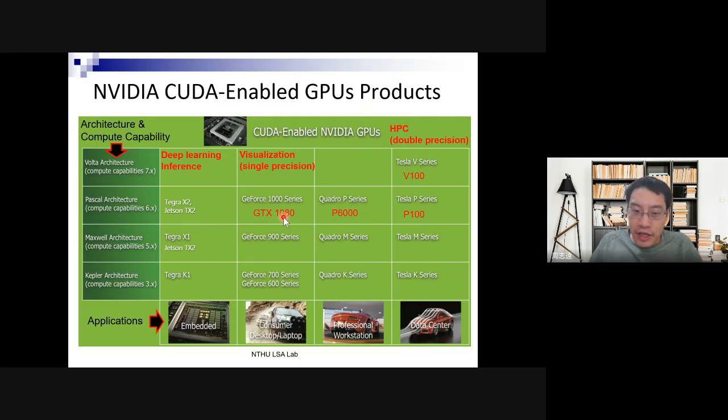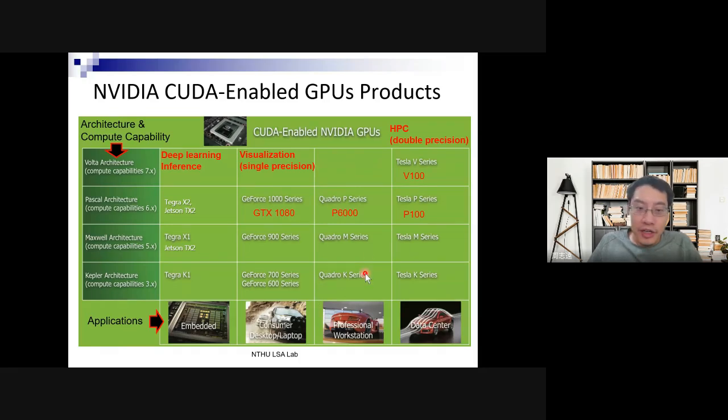Okay, and however, that's usually just for personal computers or general gaming purposes. But if you want to do some professional rendering, like for movie making or 3D visualization, then you will use the Quadro GPU. So those GPUs are more powerful. Okay, so that's why they are designed for professional image rendering tasks.